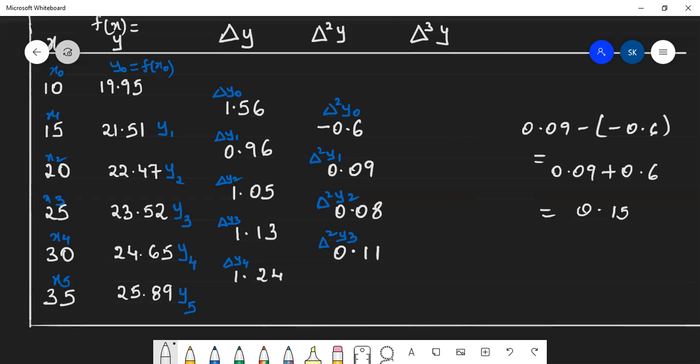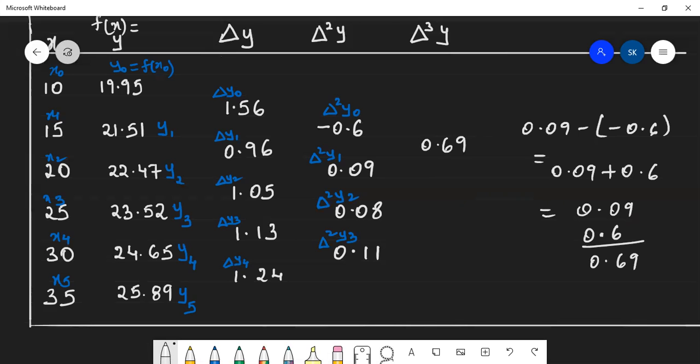We'll get the answer as 0.09 plus 0.6, 0.69. So the value over here is 0.69.